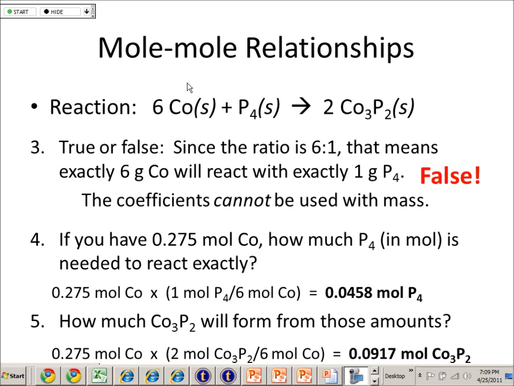And you'd say, OK, for every 6 moles of cobalt, there are 2 moles of the product that are formed. So that means I'll multiply it by a ratio of 2 to 6 to get that number. So this allows me to do kind of a unit conversion from products to reactants, from reactants to products.